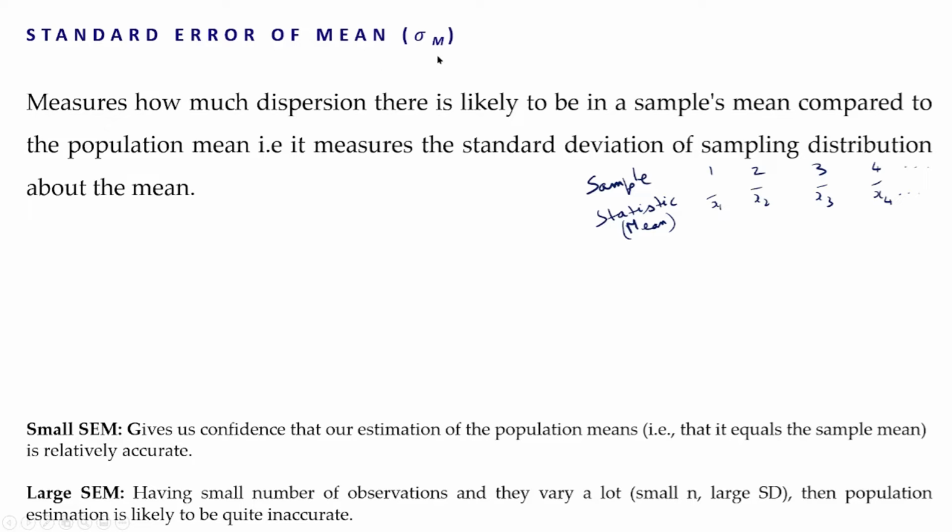And this standard error of mean sigma m is given by sigma m is equal to sigma by root n, where n is the sample size and sigma is the standard deviation of the sample mean.